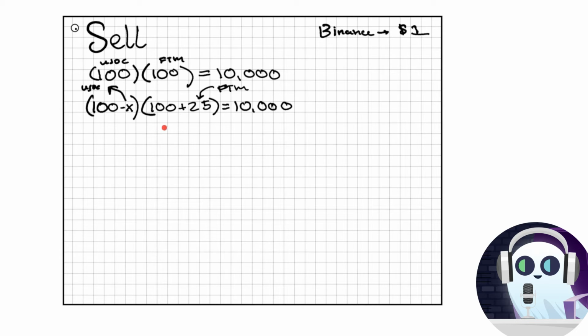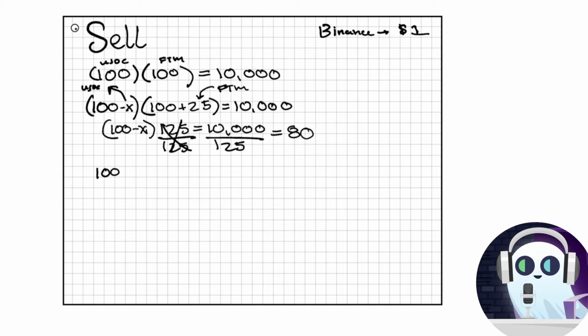Just to run through the math, so (100 + 25) times (100 minus x) is equal to 10,000. So 125 times (100 minus x) equals 10,000. We can divide both sides by 125, and that will cancel out. 10,000 over 125 is equal to 80. So we're left with 100 minus x equals 80.